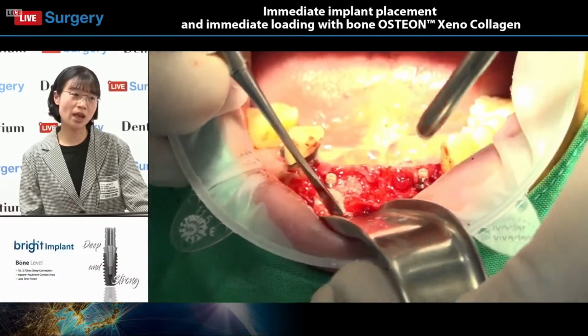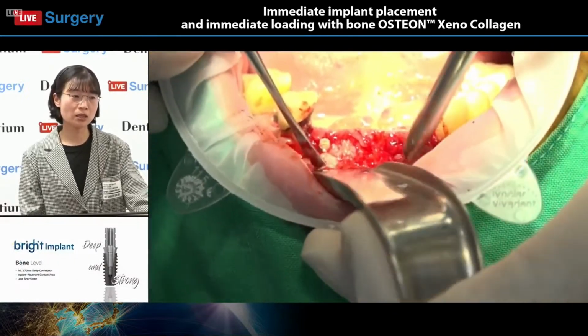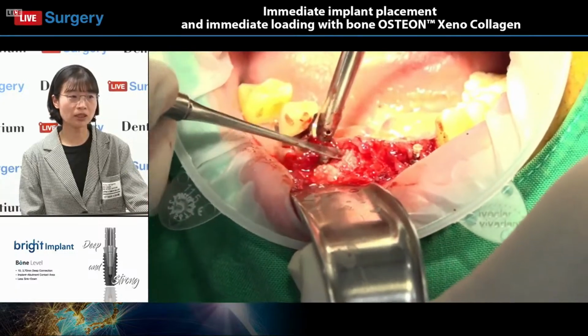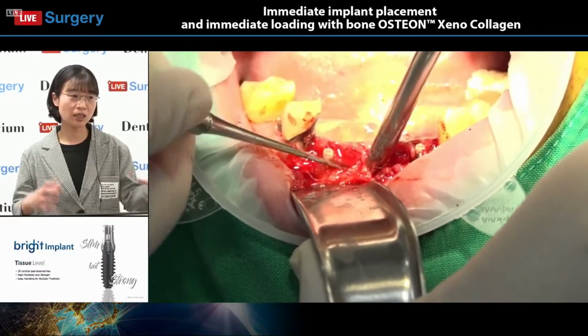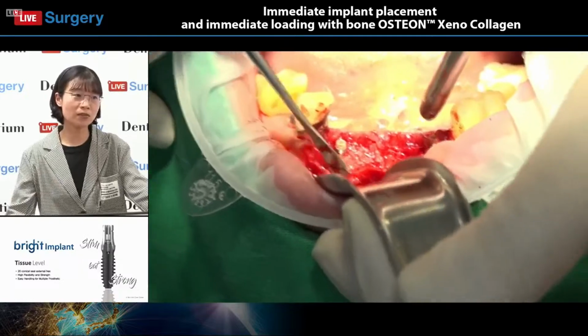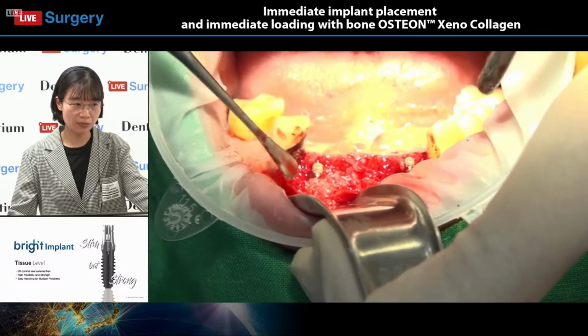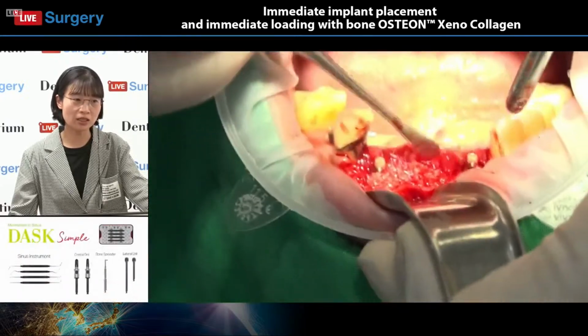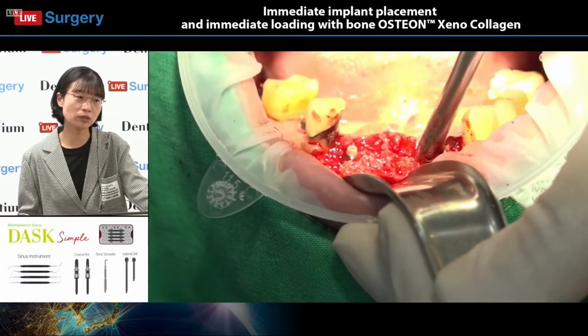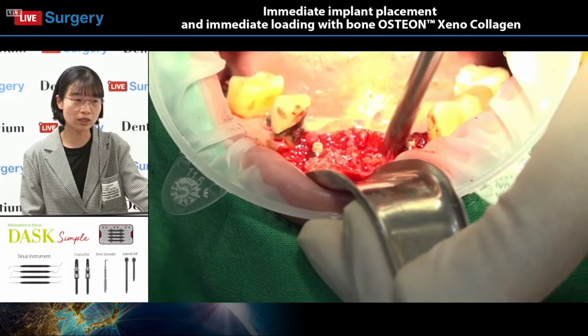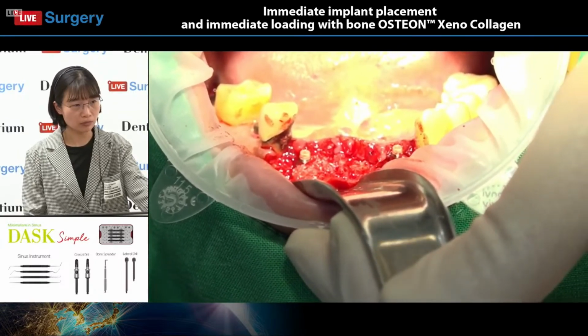Because it has the collagen, the bone particles are entangled with the collagen fibers, so it is very easy and simple to apply the bone graft materials around the implant like this.